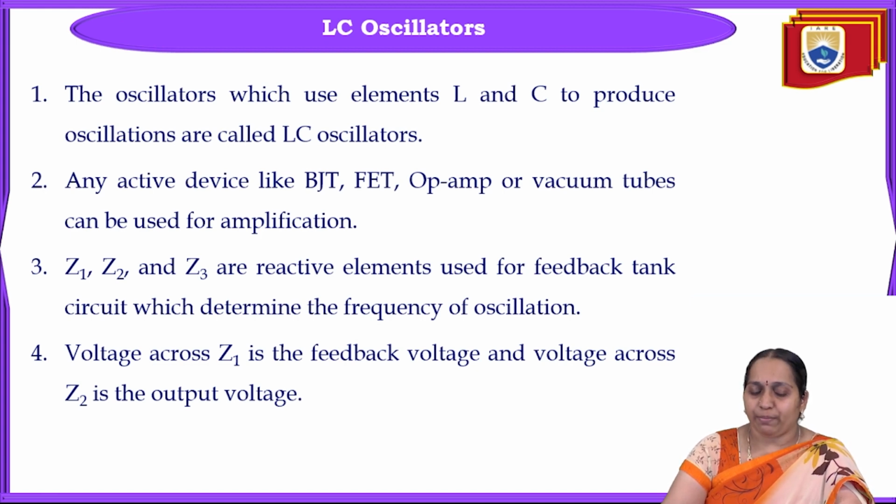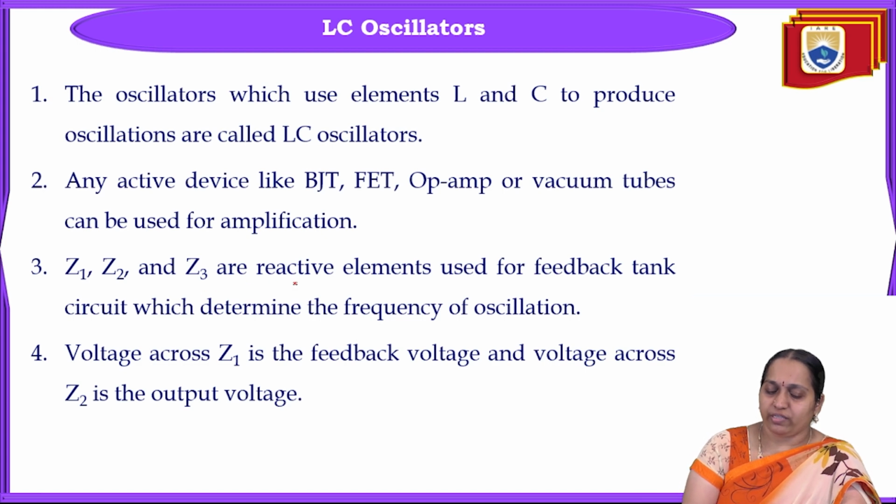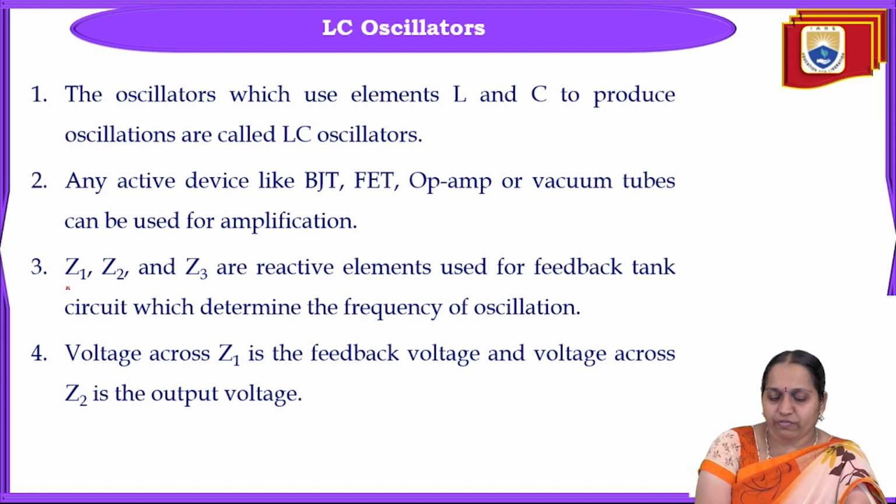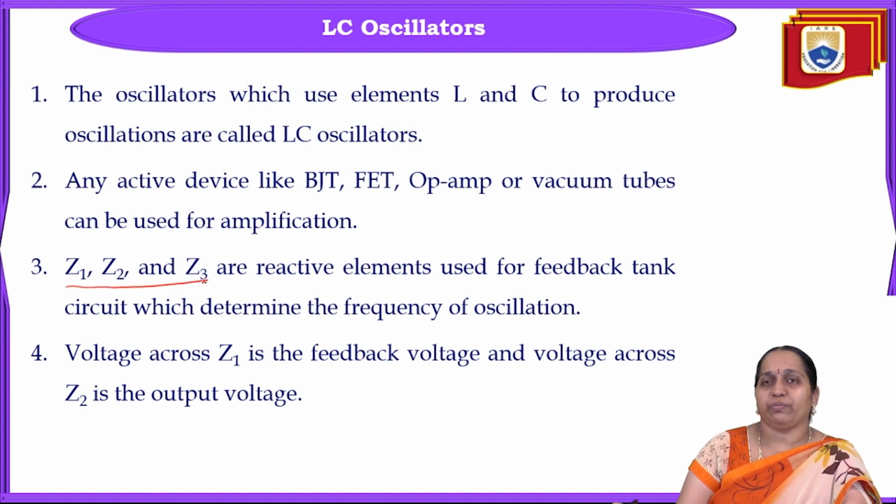In the place of that amplifier in the block diagram, we can use any active device like BJT, FET, op-amp or vacuum tubes. And here Z1, Z2, Z3 are reactive elements used for the feedback tank circuit, which determine the frequency of oscillation. So Z1, Z2 and Z3 itself will determine the frequency of oscillation.